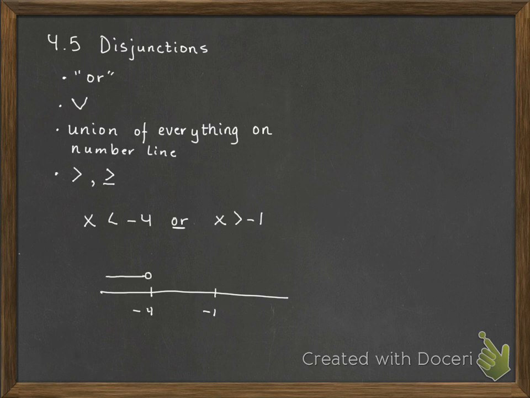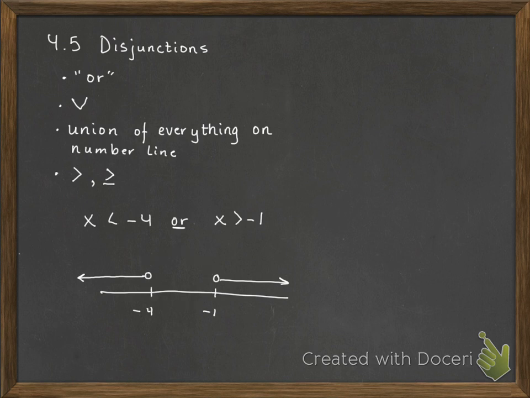So X is less than -4, open hole goes to the left. X is greater than -1, open hole goes to the right. Now, if this was a conjunction, we would be looking for where the overlapping of the two lines are.